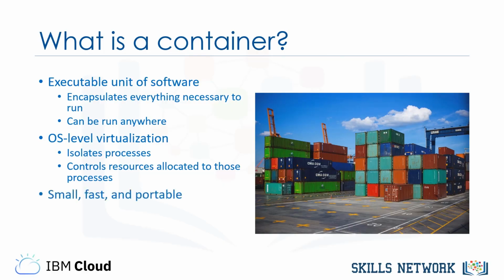Containers are small, fast, and portable because unlike a virtual machine, they do not need to include a guest operating system in every instance and can simply leverage the features and resources of the host operating system instead. Containers first appeared decades ago, but the modern container era began in 2013 with the introduction of Docker.